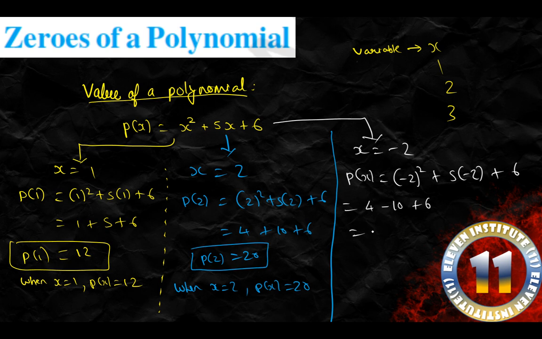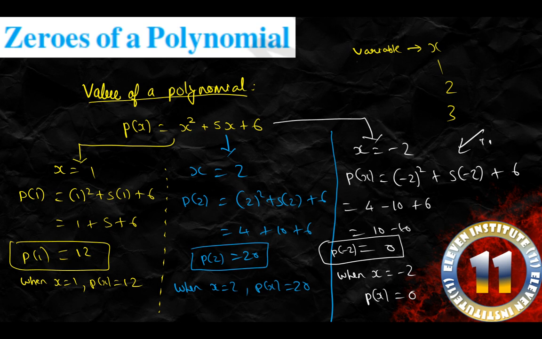We can write 4 plus 6 is 10, and 10 minus 10 is 0. So P(minus 2) is equal to 0, or we can write, when x is equal to minus 2, the value of the polynomial becomes 0, and out of all these cases this case is important to us.